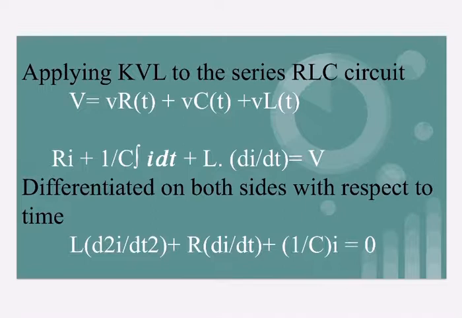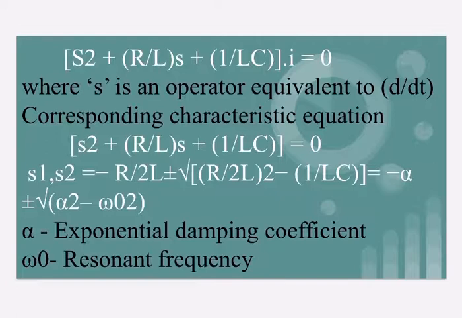This can also be written as S square plus R by L into S plus 1 by LC into i equal to 0, where S is an operator equivalent to d by dt. The corresponding characteristic equation is S square plus R by L into S plus 1 by LC is equal to 0.